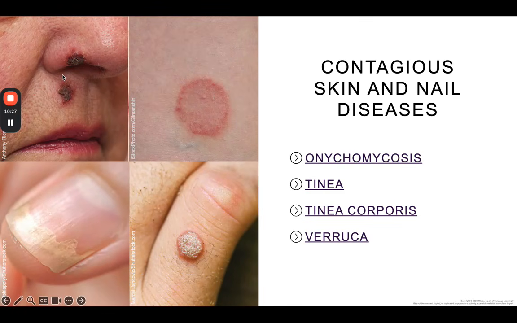All right, so then we have onychomycosis. The bottom left photo of that nail is an example of onychomycosis. It's a fungal infection that produces thick, brittle, discolored nails.